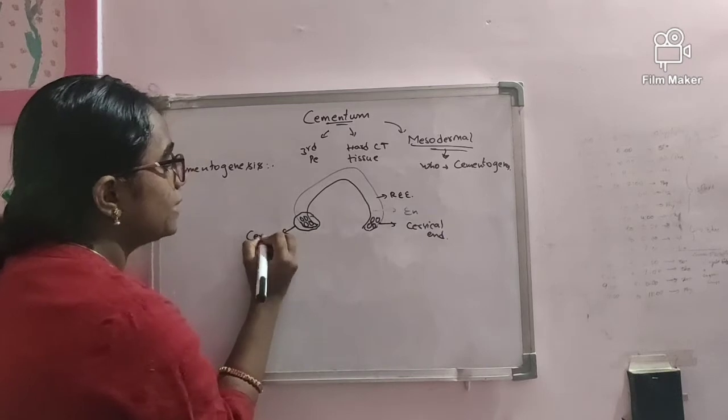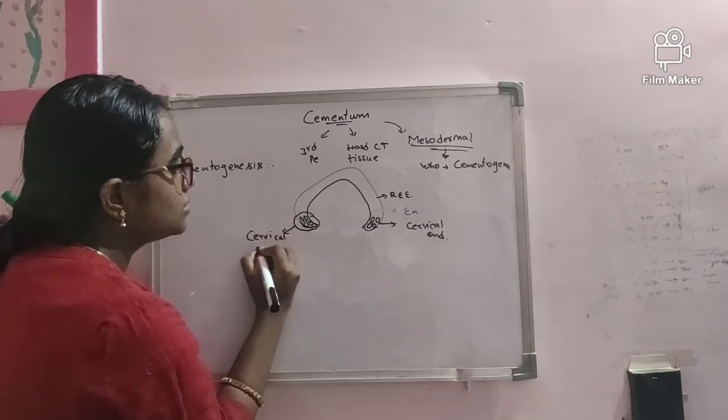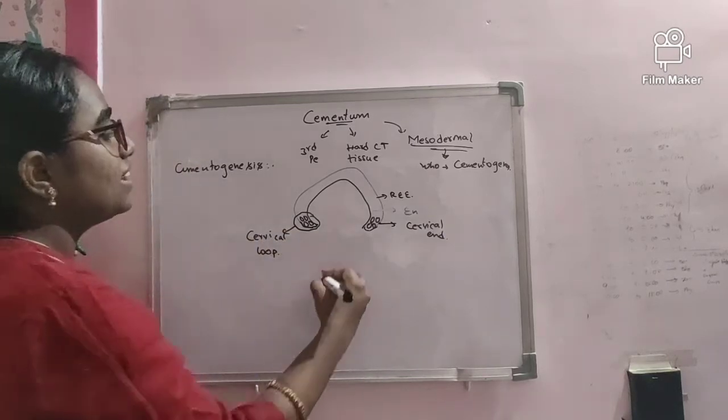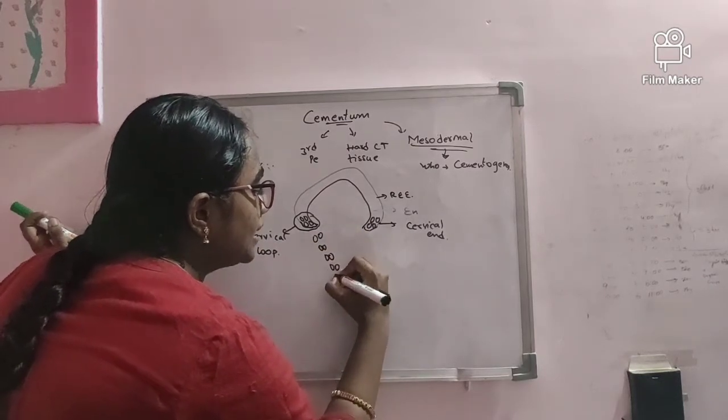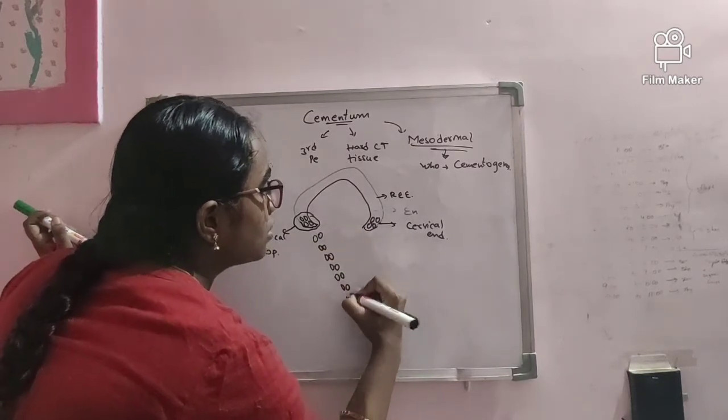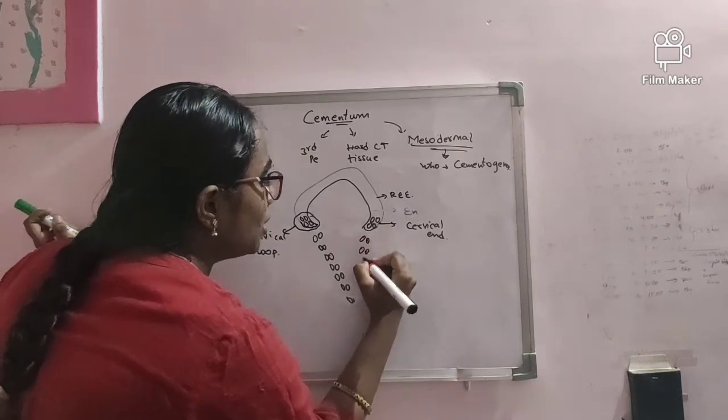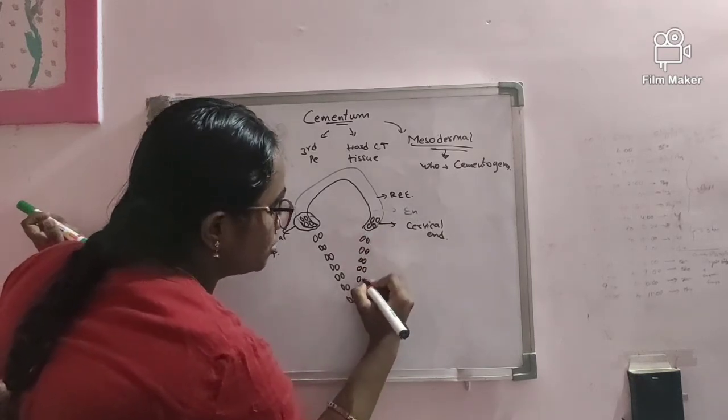And this loop is called the cervical loop. This cervical loop leads to the formation of a bilayered root sheath called Hertwig's epithelial root sheath.